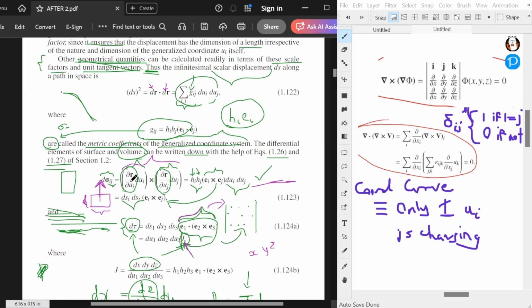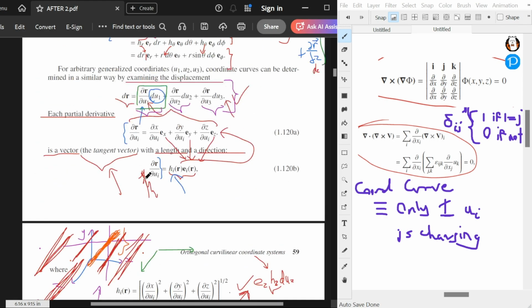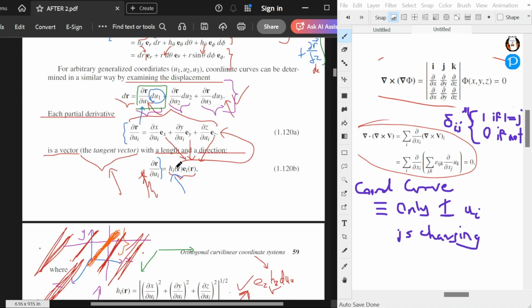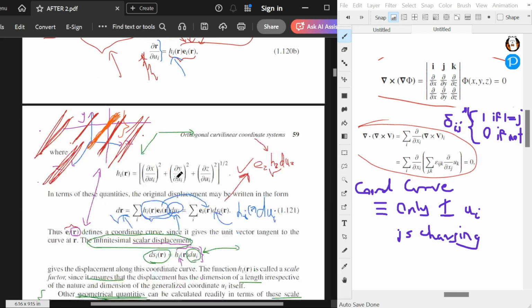Let me check. I think so. Just add the magnitude and it becomes del R del u_i.